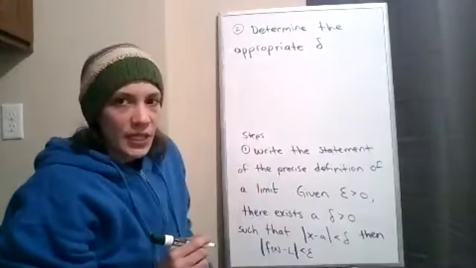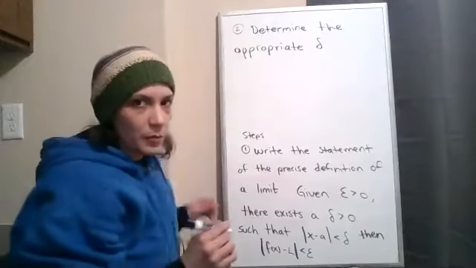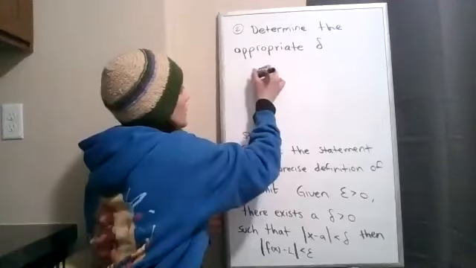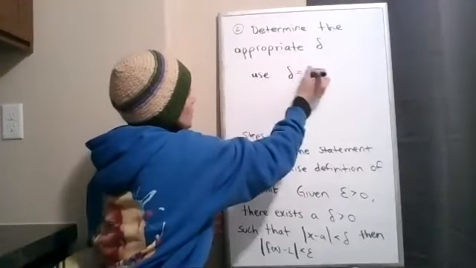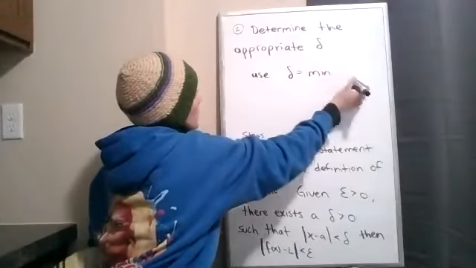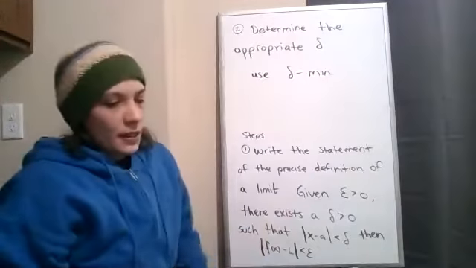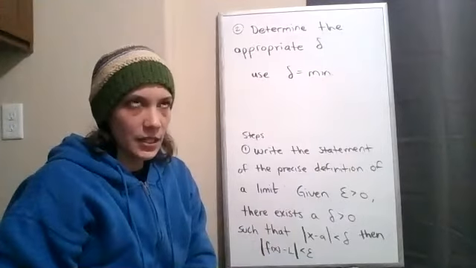If you have different choices, pick the smallest one. So pick the minimum value. Okay, third step.